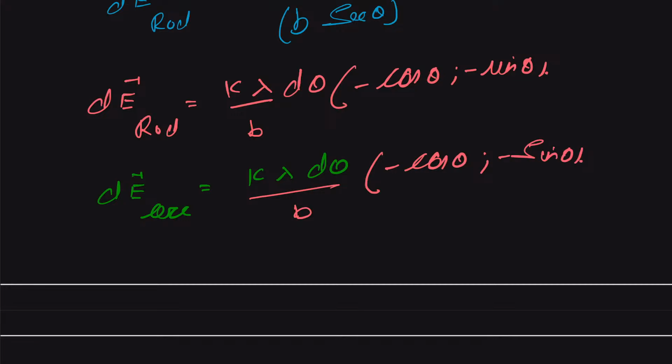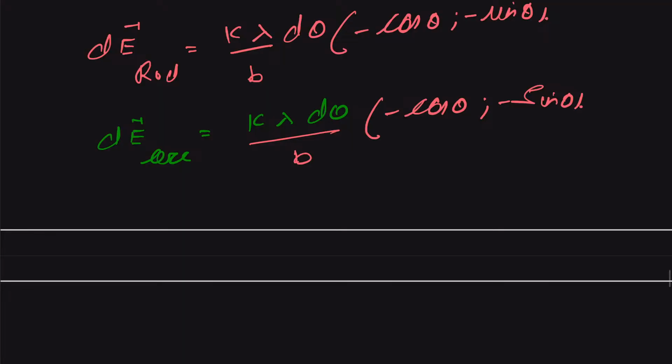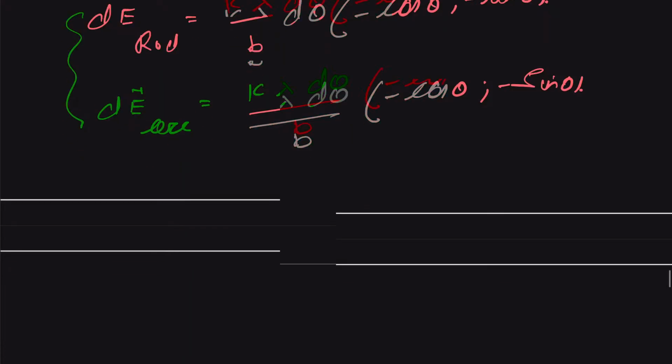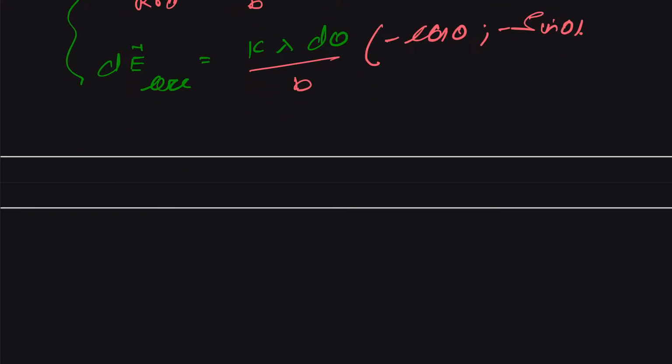So from here we can clearly see that these two are equal. So you can say that electric field due to our rod is equal to electric field due to our arc.